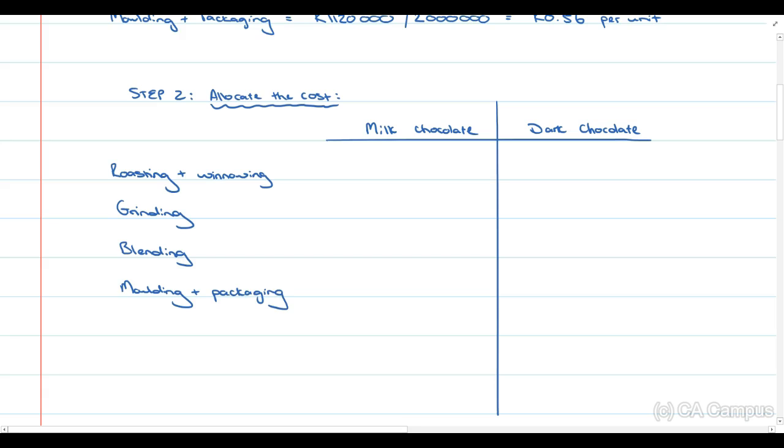All right, so now we need to allocate the cost to these 2 different products. So let's start with roasting and winnowing.